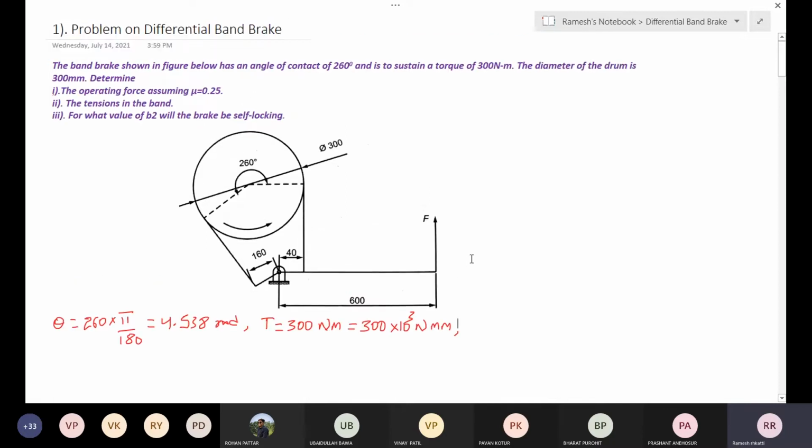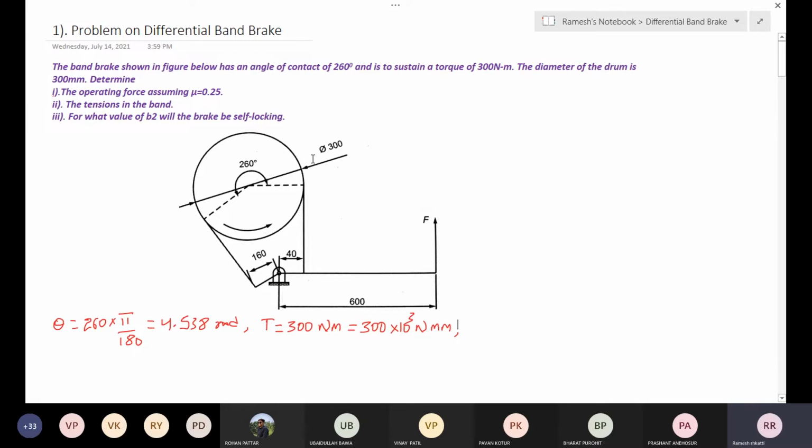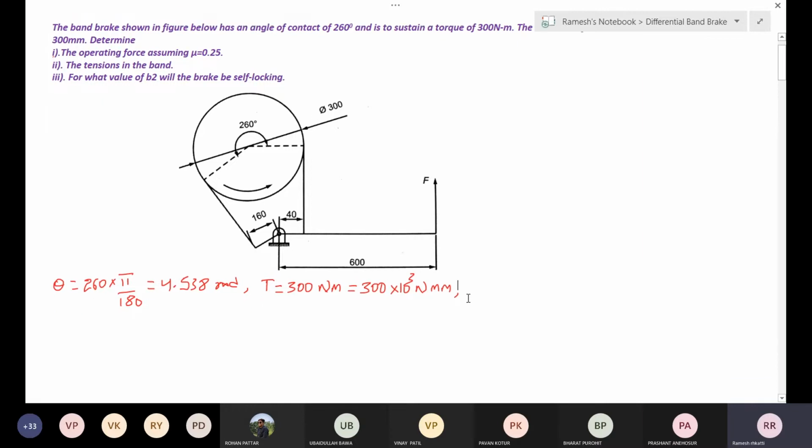After that, the diameter of the drum is given, and in the figure also it is given. Therefore, D is equal to 300 mm, and the coefficient of friction mu is 0.25.